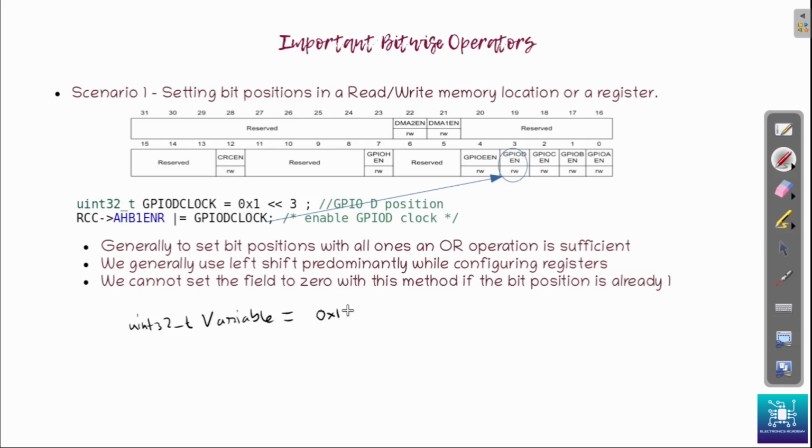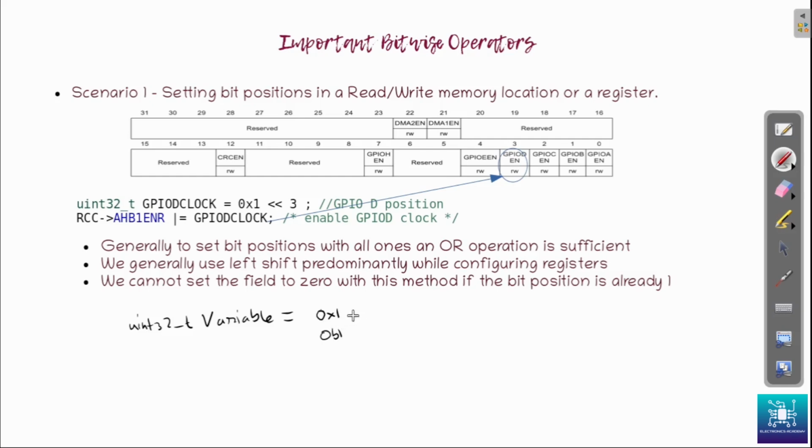We take the value 1 because we have to set 1 bit here. If we had to set 2 bits or 3 bits here, we would take the value accordingly. You could take it as a hex 1, or you could take it as a binary 1. Either way it is fine.